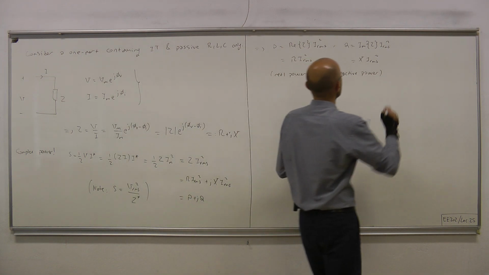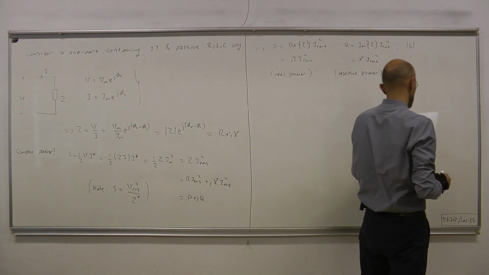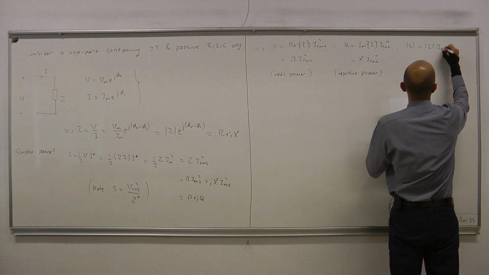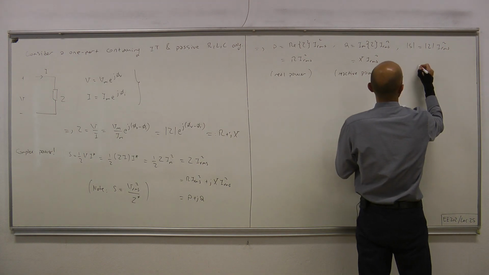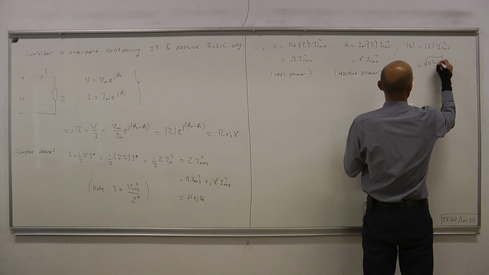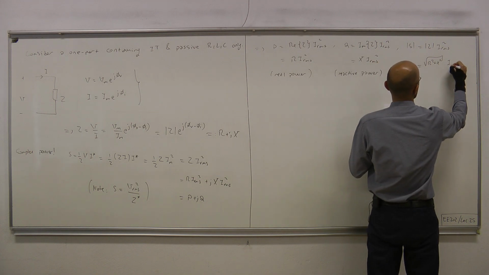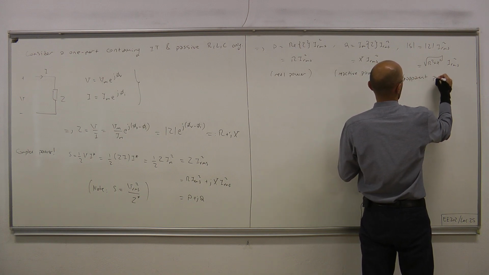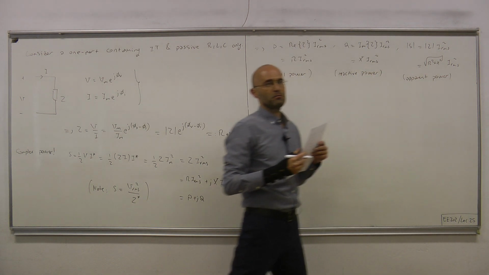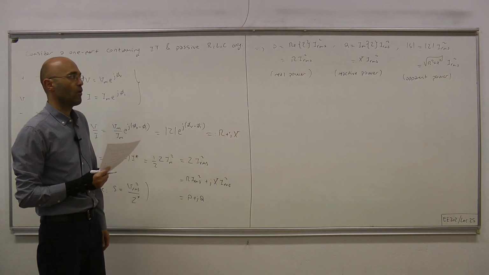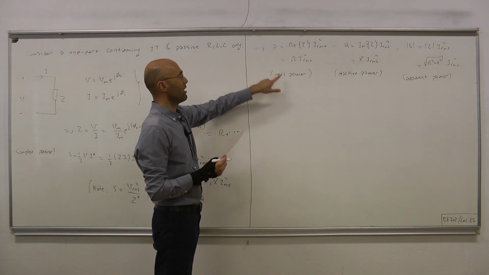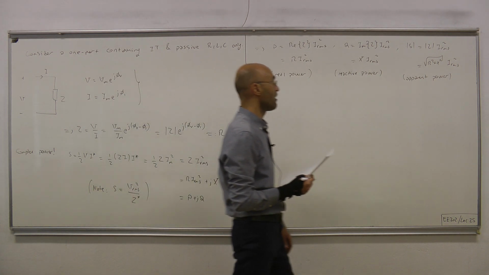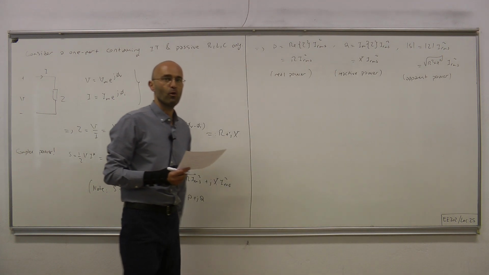And finally, the magnitude or the apparent power is the magnitude of the impedance times I RMS squared. That's square root of R squared plus X squared times I RMS squared. And this is the apparent power associated to our one port. Real power is measured in watts, reactive power is measured in volt-amp reactive, var, and apparent power is measured in volt amps, VA.